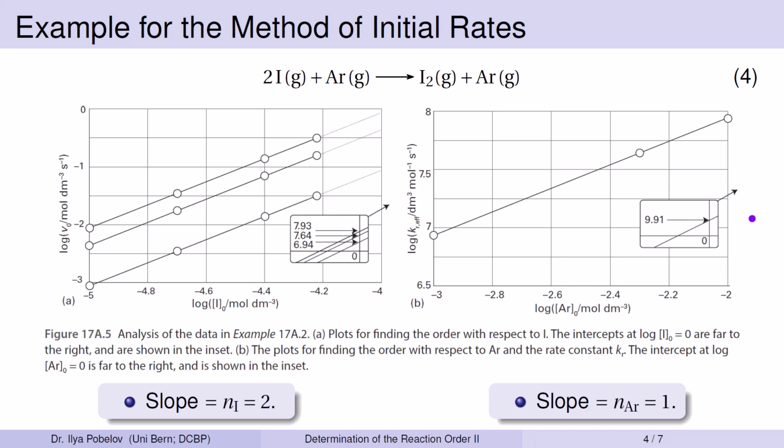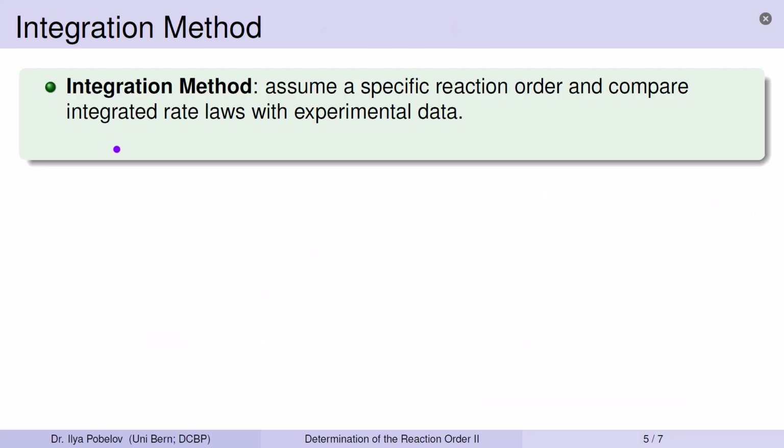One more approach to determining reaction orders is the integration method. This approach involves assuming a specific order of reaction and then predicting how the concentrations of reactants change over time. This expected temporal evolution of reactant concentration for assumed reaction orders is provided by integrated rate laws.